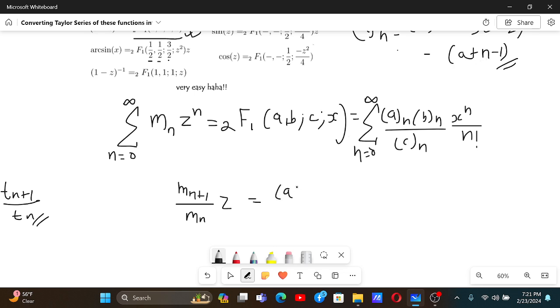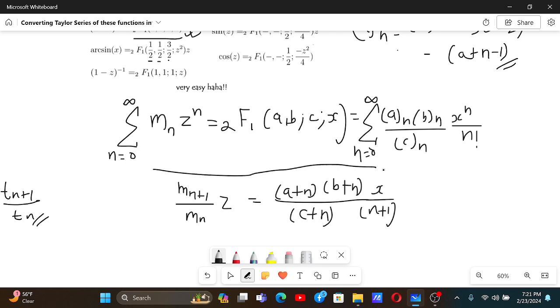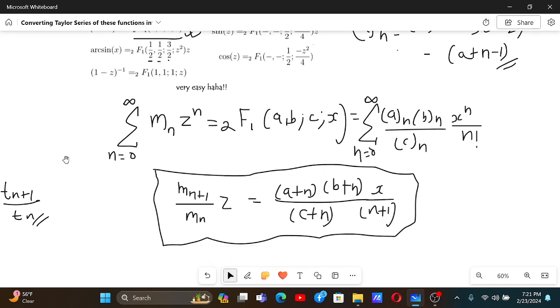So a plus n will remain over here, b plus n will remain, and c plus n. Similarly, x by n plus 1 will remain. So we can compare these two and try to find the a's, b's, and c's, and that's how we will find the hypergeometric series.